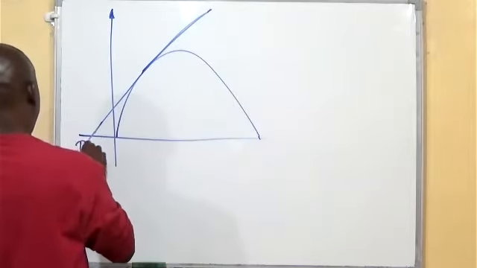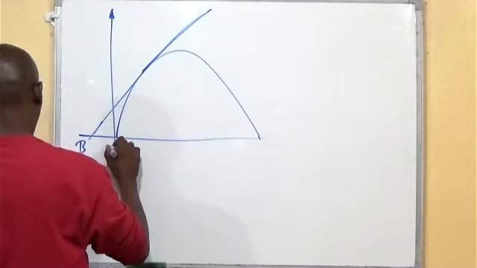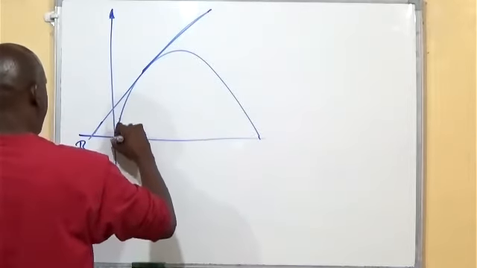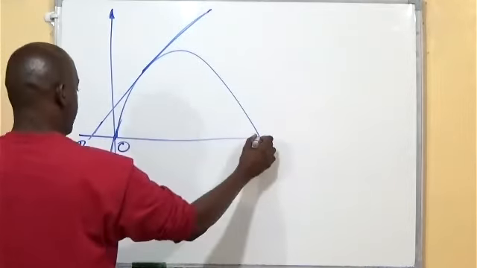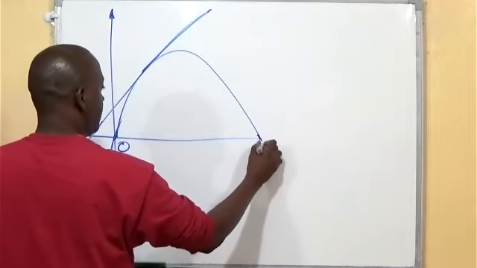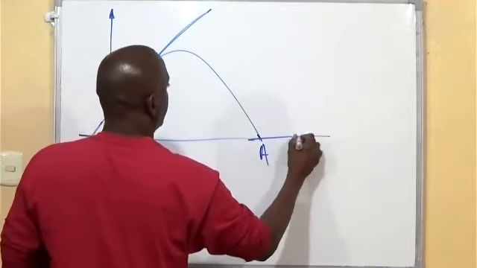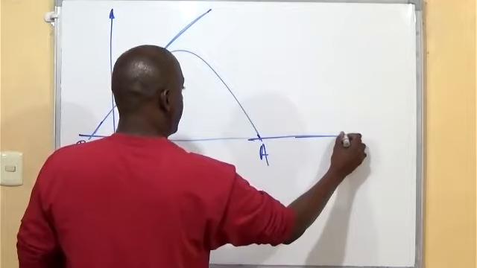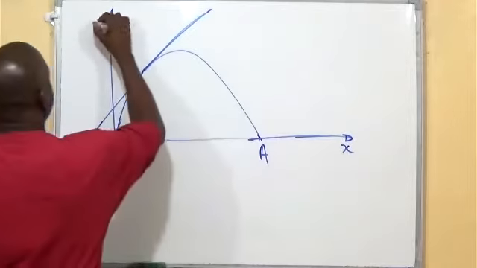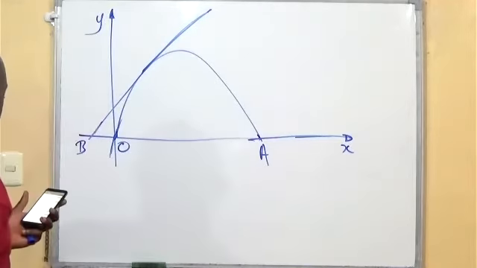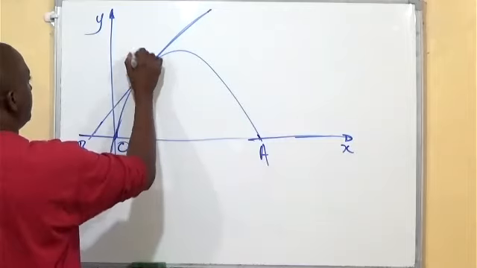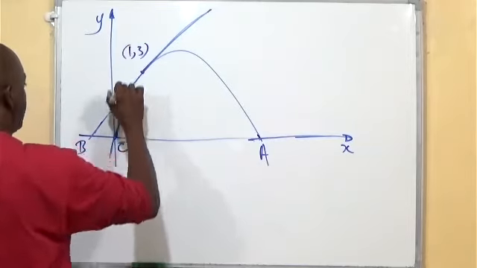This is part B. This is O, it's going through O there. And this is A. This is the x-axis, and this is the y-axis. This is the point 1, 3.